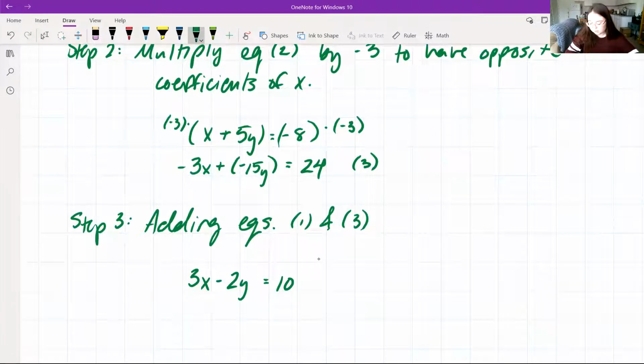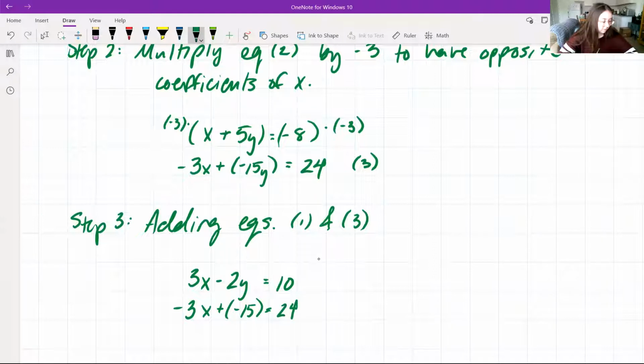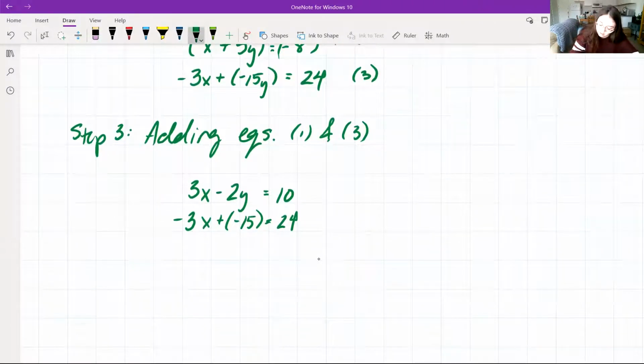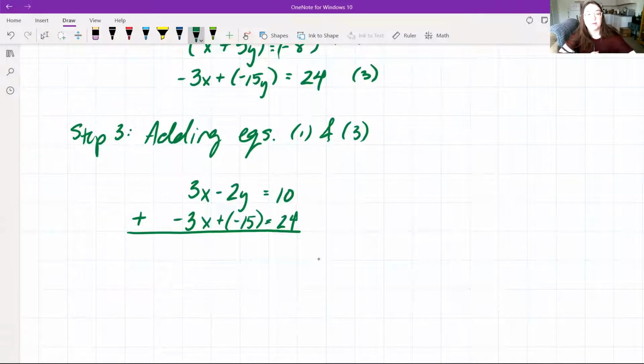And our third equation, sorry, equation 3, is negative 3x plus negative 15y is equal to 24. And we are adding these equations to each other.